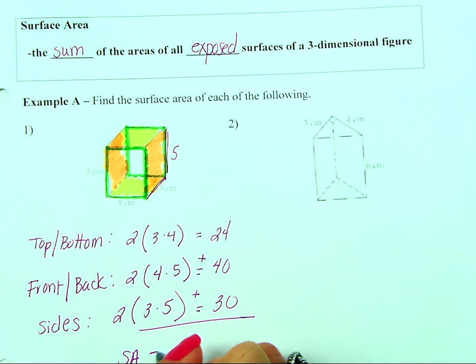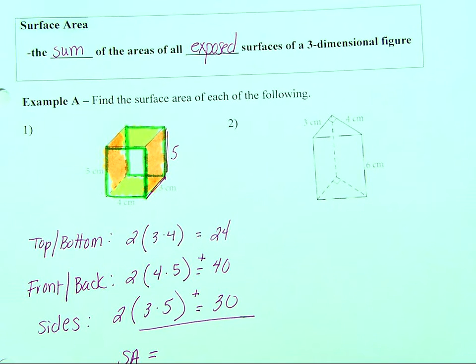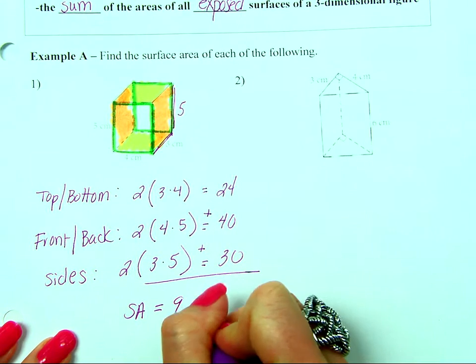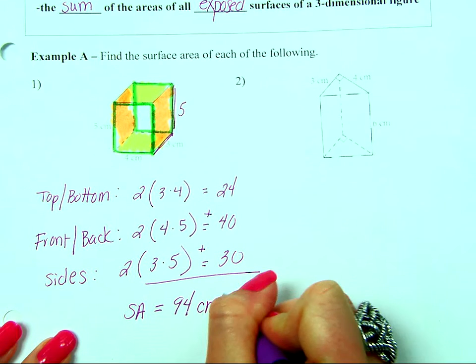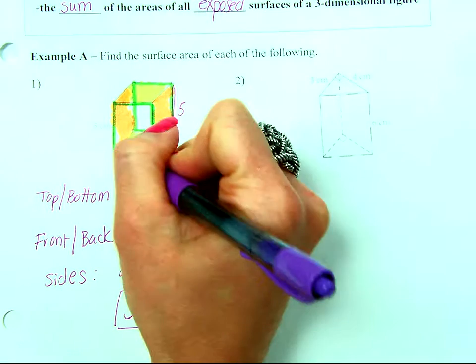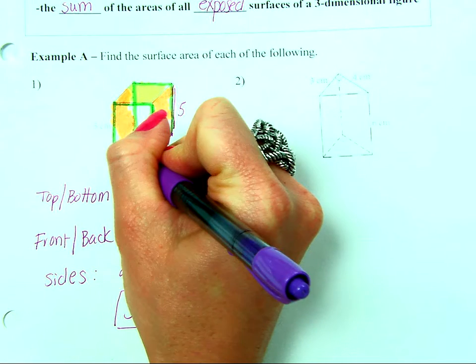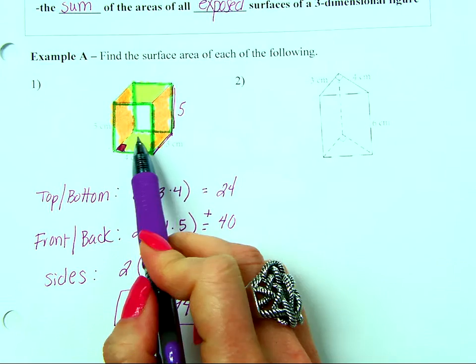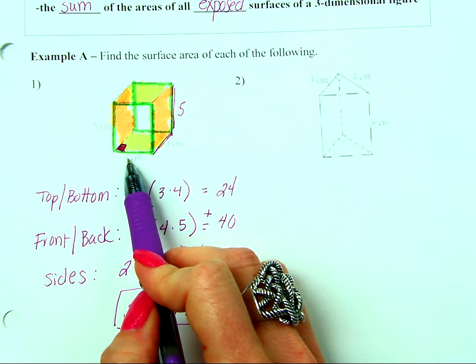My surface area, a lot of times they will write it as SA here, should come out as 94 centimeters squared, or square centimeters. We're back to square units here. I'm really thinking about a square centimeter. This would be a square centimeter. How many of those squares it would take to cover the entire outside.